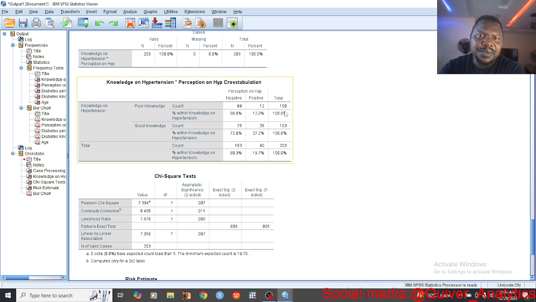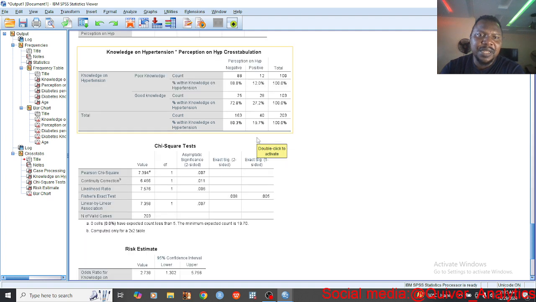So let's interpret this. This is a cross tab, so the percentage is in rows. We say among people who have poor knowledge of hypertension, 88% of them have negative perception, which is expected. Then 12% have positive perception. And among people who have good knowledge, 72% still had negative perception, while 27% had positive.